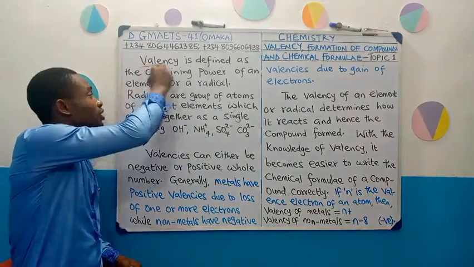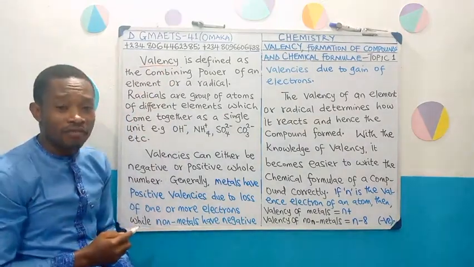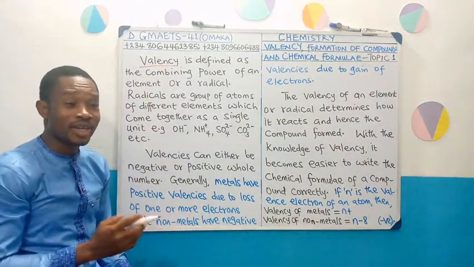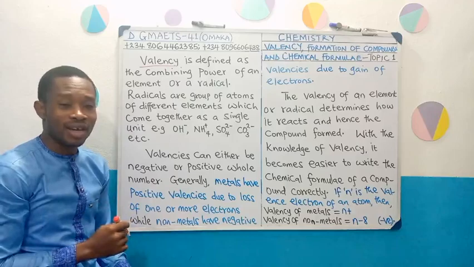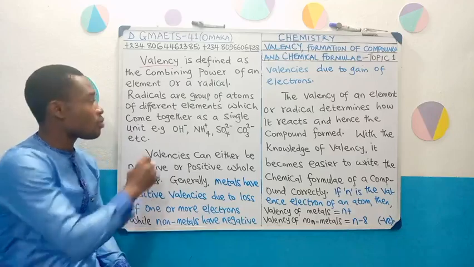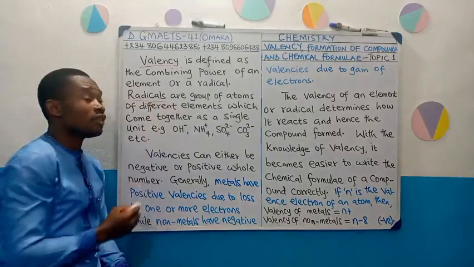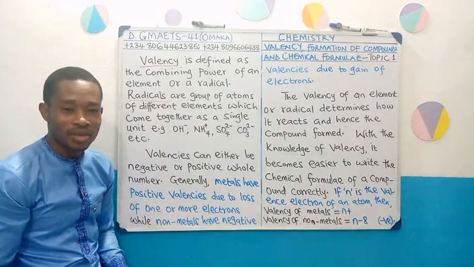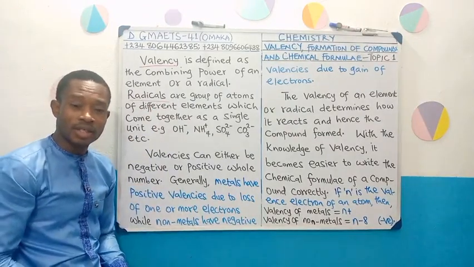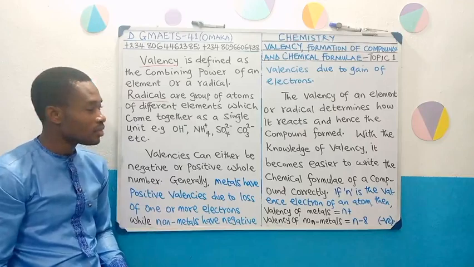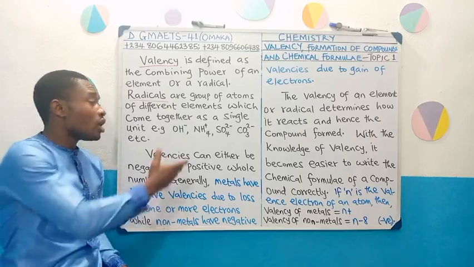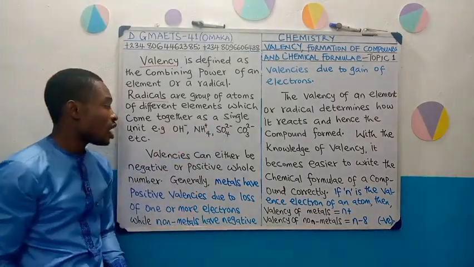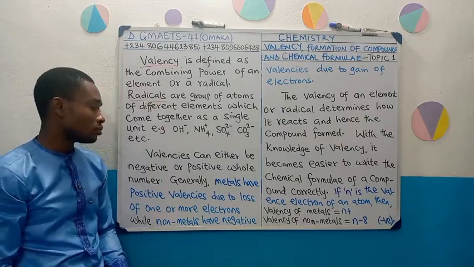From what I've explained, we've been able to define valency, and we said it's simply the combining power of an element or a radical. We've also defined what a radical is. Examples of radicals have also been mentioned as you have on the board.